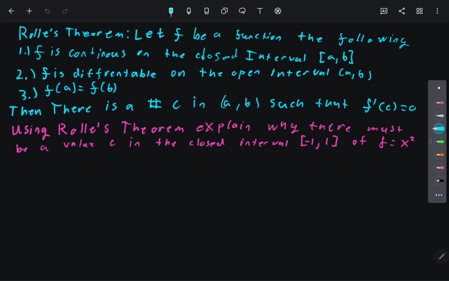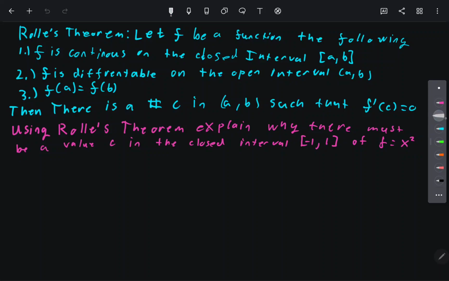And f of a is equal to f of b. Then there is a value c in the interval a to b such that f prime of c is equal to 0. So using Rolle's theorem, explain why there must be a value c in the closed interval from -1 to 1 of f of x is equal to x squared.